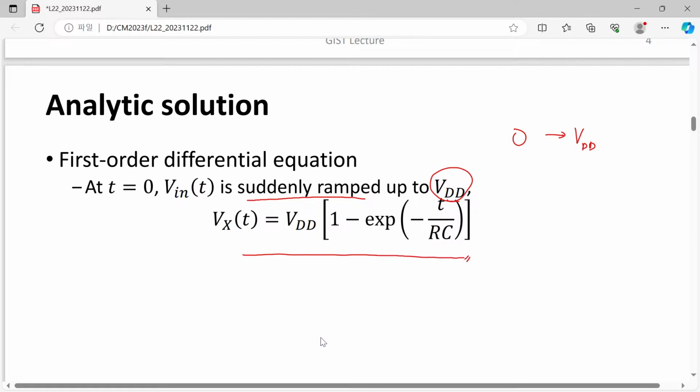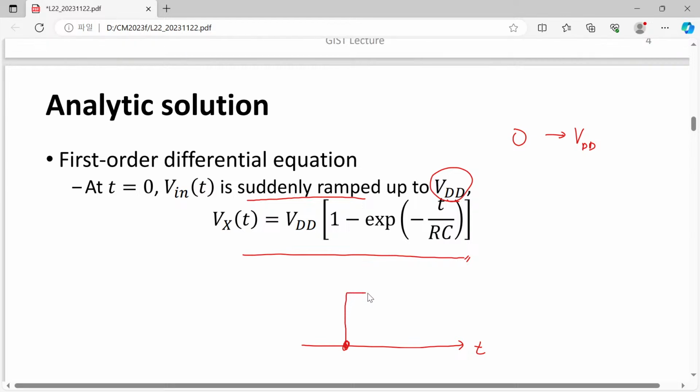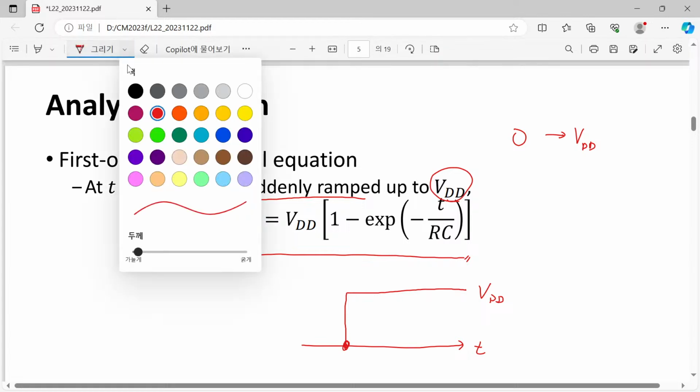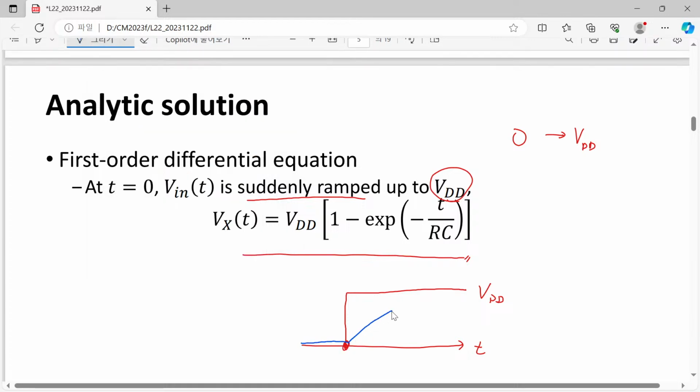This is the time variable, and although our input voltage suddenly ramps up to VDD, our solution V sub x takes some time to reach the VDD level.